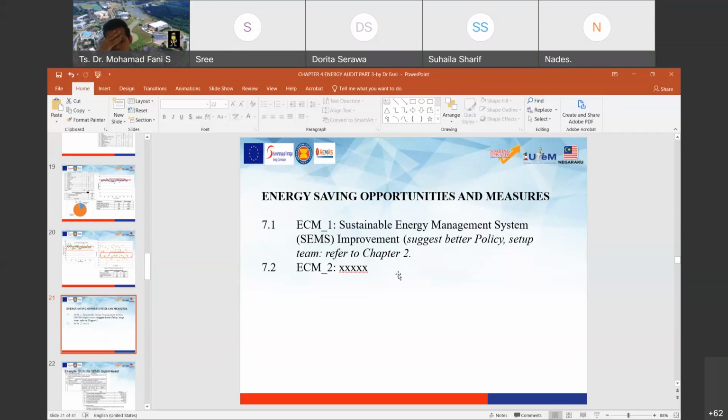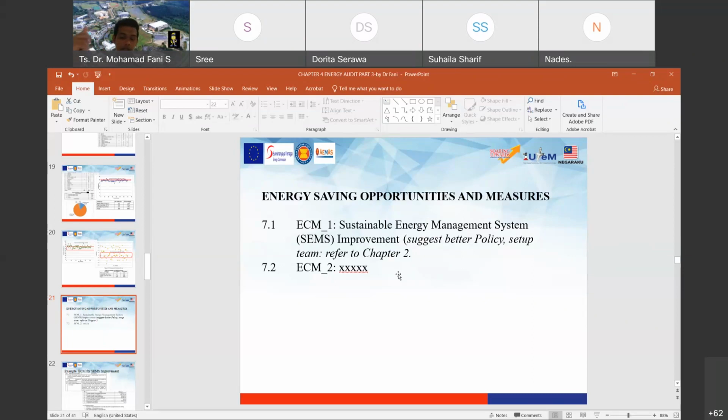So please come out with the ECM number 1 to improve better energy management metrics. So please suggest what kind of process you need in order to improve the energy management system over there. So ECM number 2, to replace the conventional.